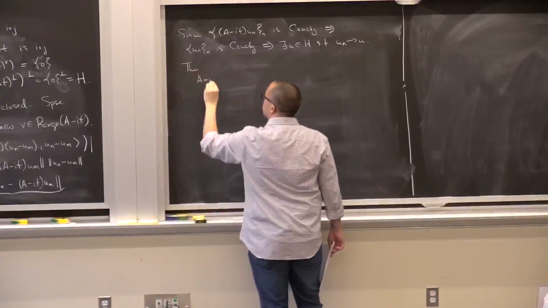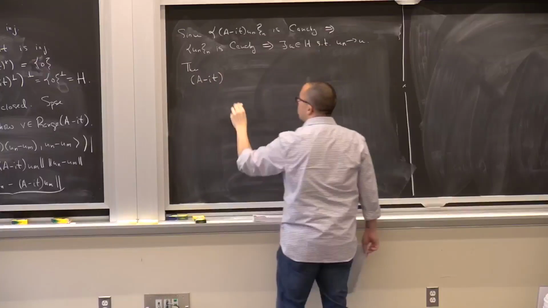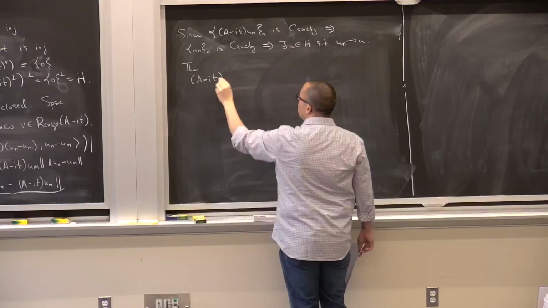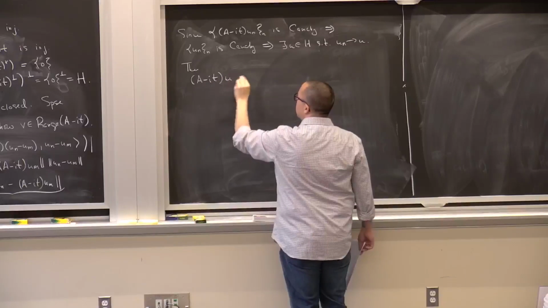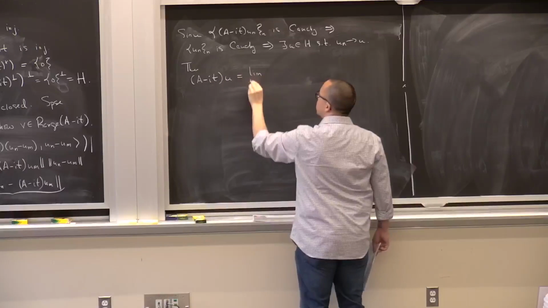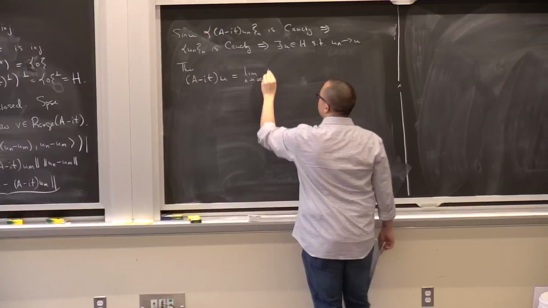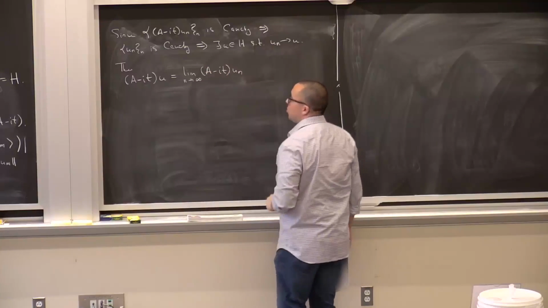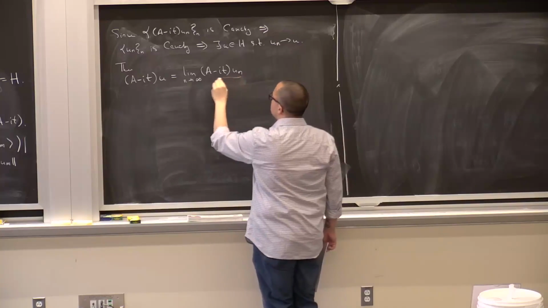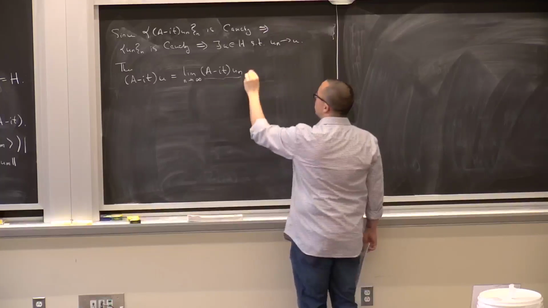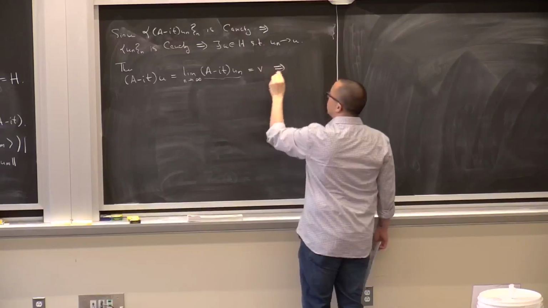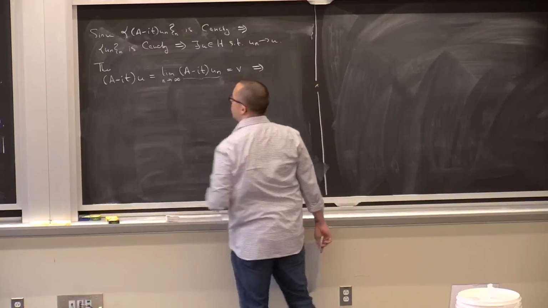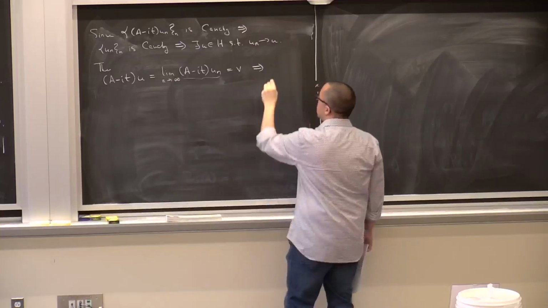Then, since A is a bounded linear operator, A minus iT applied to u is equal to the limit as n goes to infinity of A minus iT applied to un. But remember, we assumed that this converges to some element v, and therefore v is equal to something in the range of A minus iT.